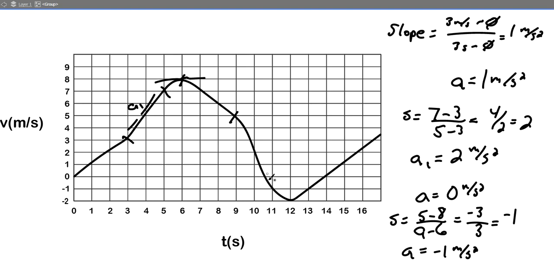Now here's an interesting point. What happens right here? Our velocity at that point is 0, but our slope looks like it's about negative 3. Yeah, it's about negative 3. So we're accelerating at negative 3, and then we go the other direction.